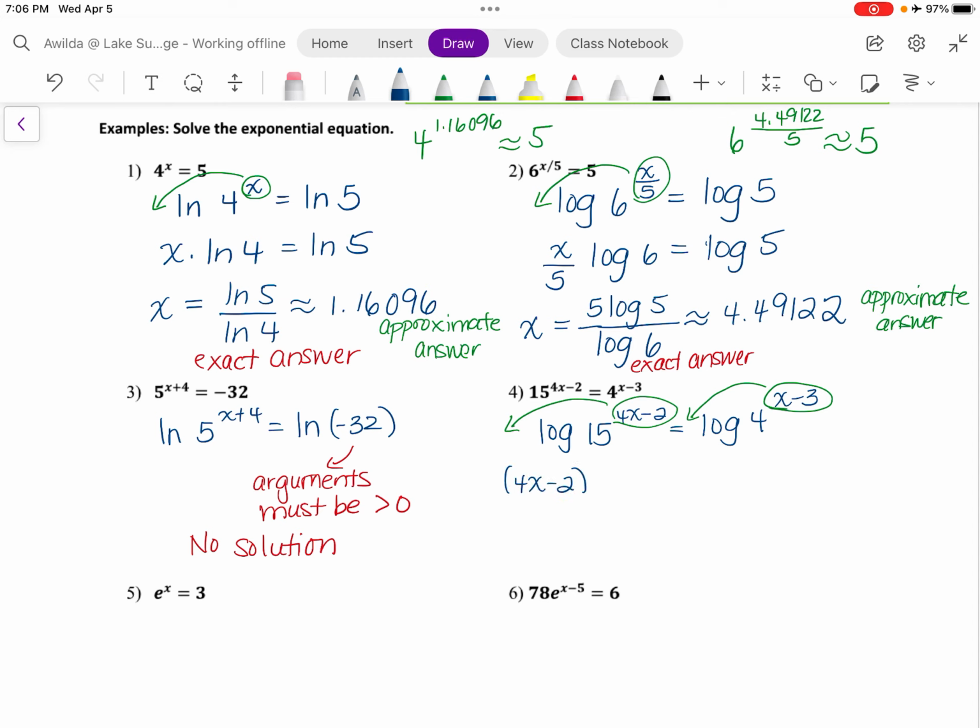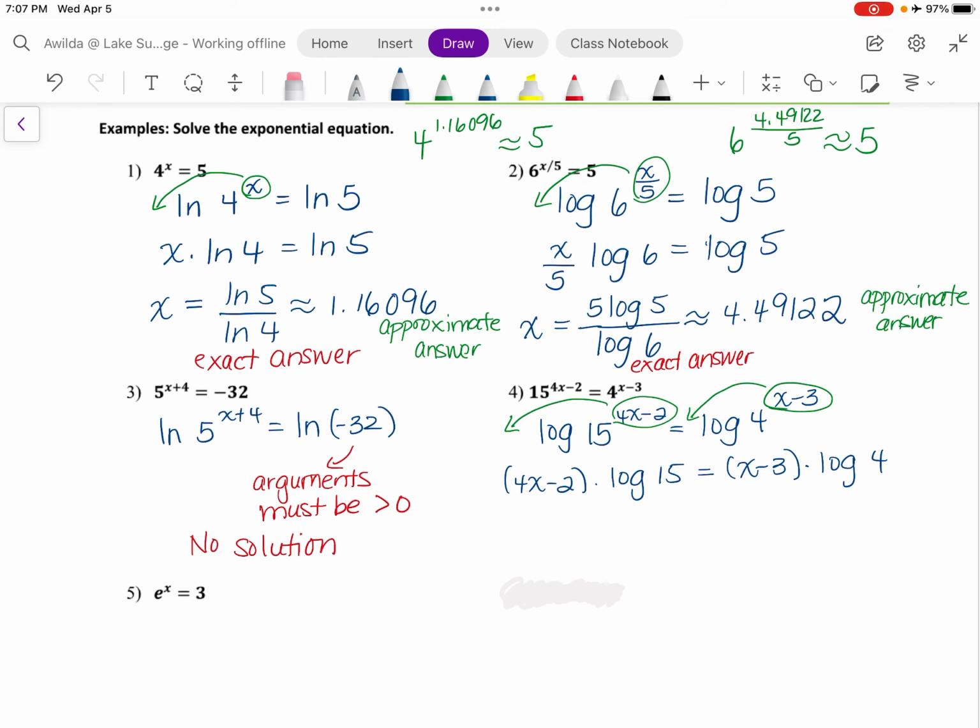So we have 4x minus 2, all multiplied by the common logarithm of 15, equals the quantity x minus 3, all multiplied by the common logarithm of 4. Now this problem is going to take me more space than what is allotted, so I'm going to make some space temporarily by whiting out the example below. We'll recover it in the next video.